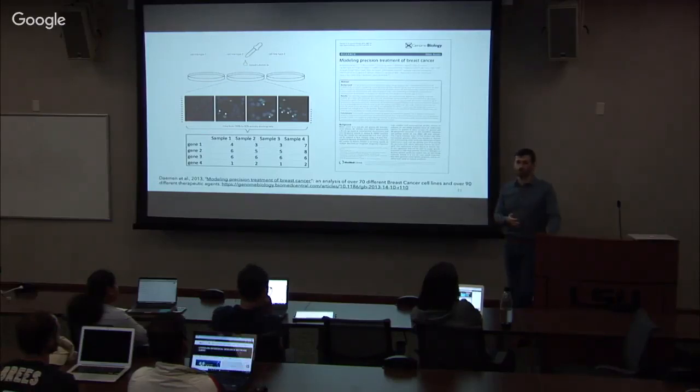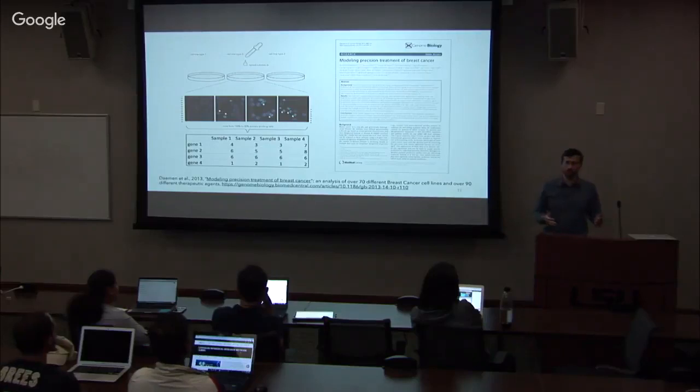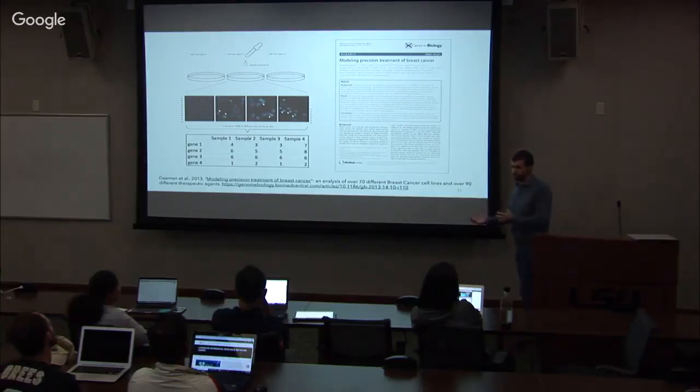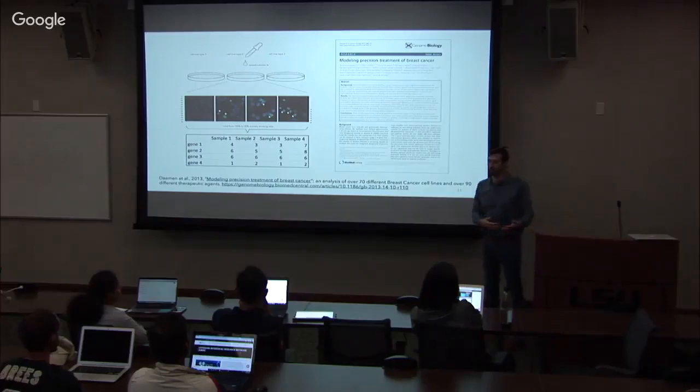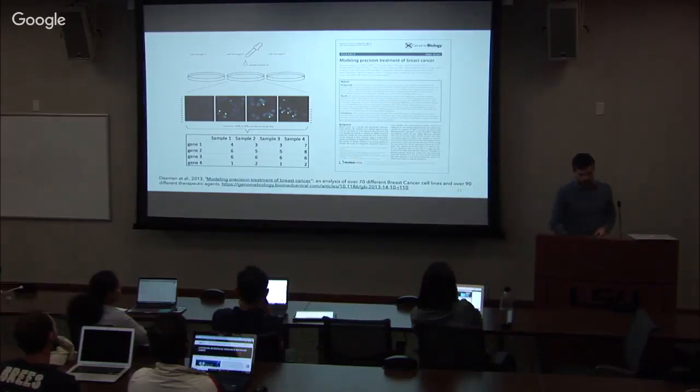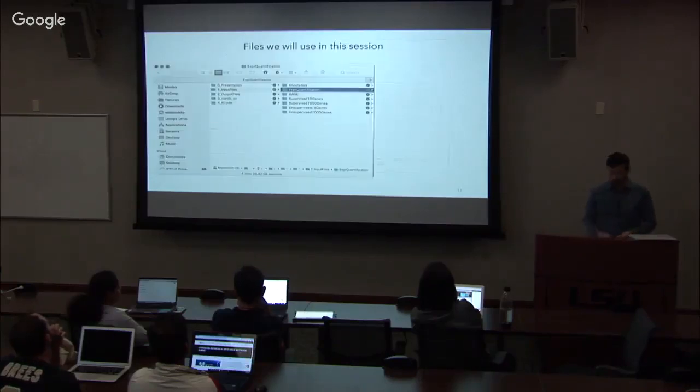So they measured the time from when this drug was stopping proliferation of those cells. And so it gives a good insight into effectiveness of a treatment for a specific molecular profile. So in several of our sessions, we will be using this data set.